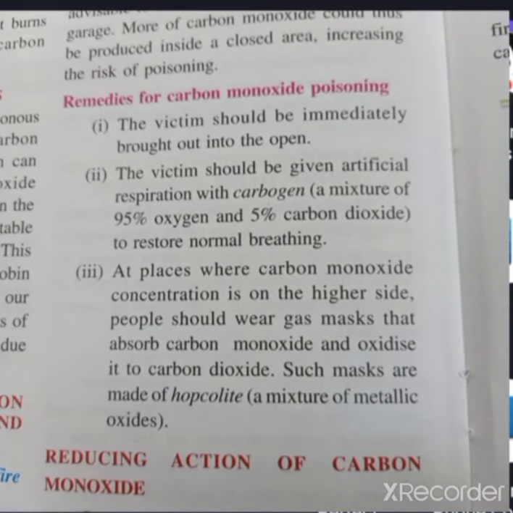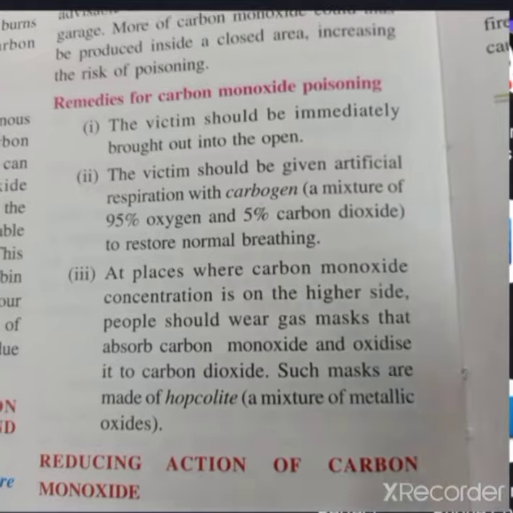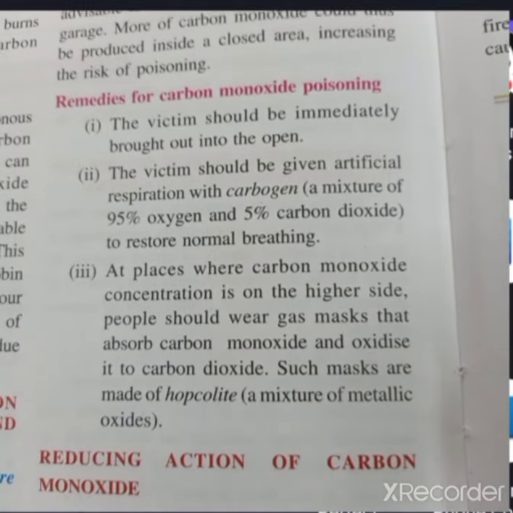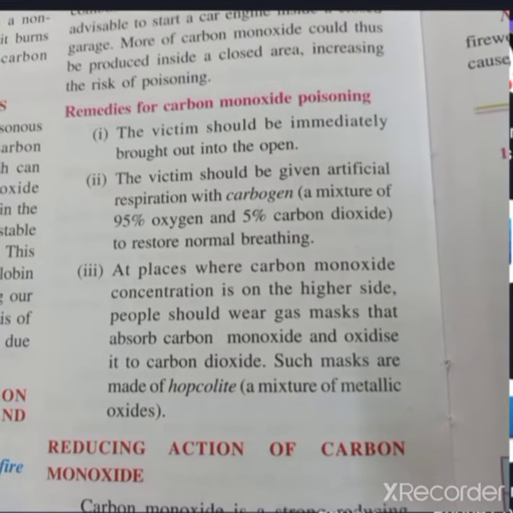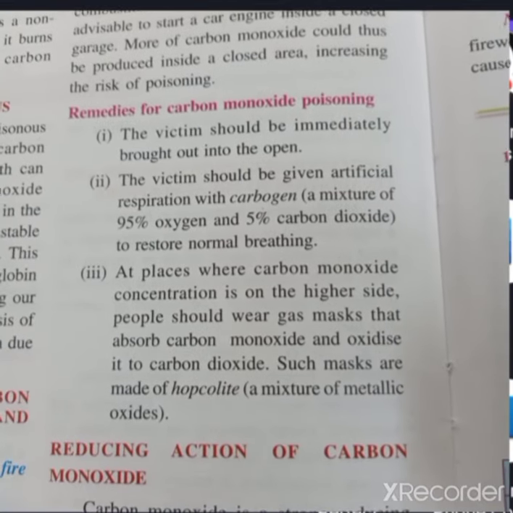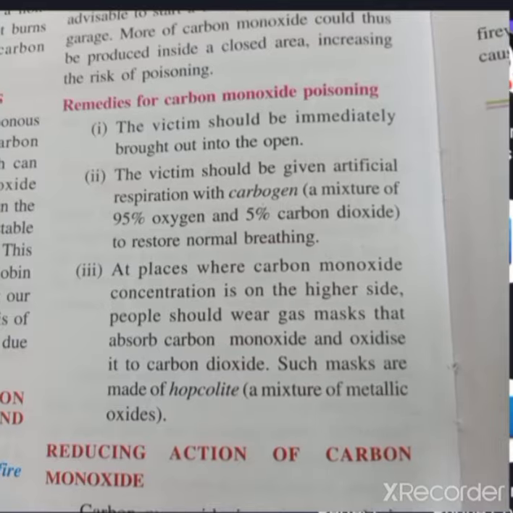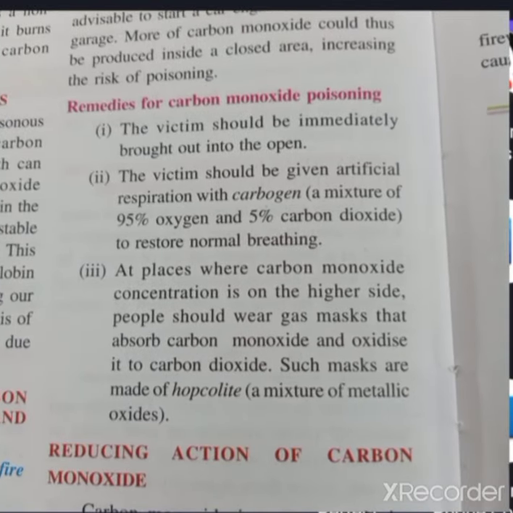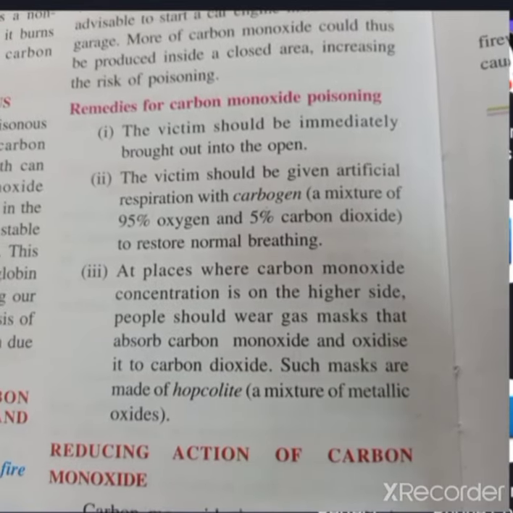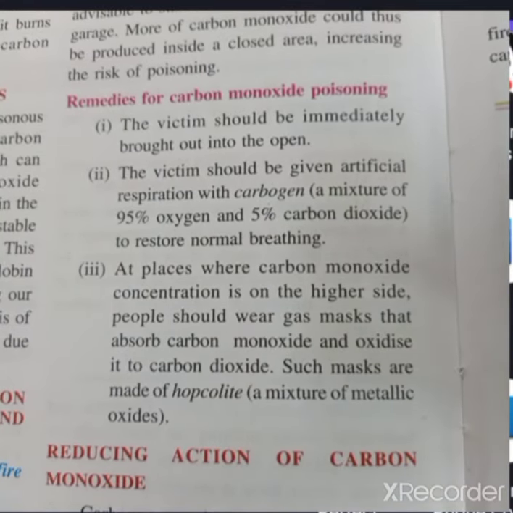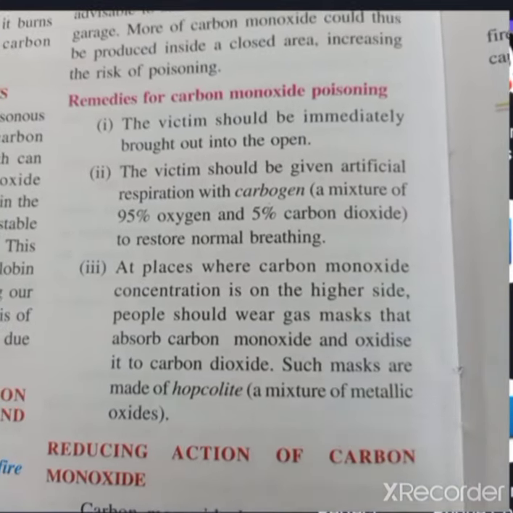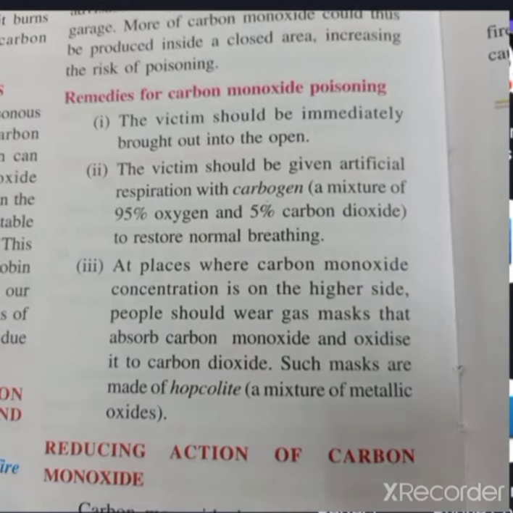Now, what are the remedies for carbon monoxide poisoning? The victim should be immediately brought out into oxygen so that oxygen supply may be increased. The victim should be given artificial respiration. I have told you, carbogen, 5% carbon dioxide and 95% oxygen, to restore normal breathing. At places where carbon monoxide concentration is on the higher side, people around should wear gas masks to absorb carbon monoxide and oxidize it into carbon dioxide.